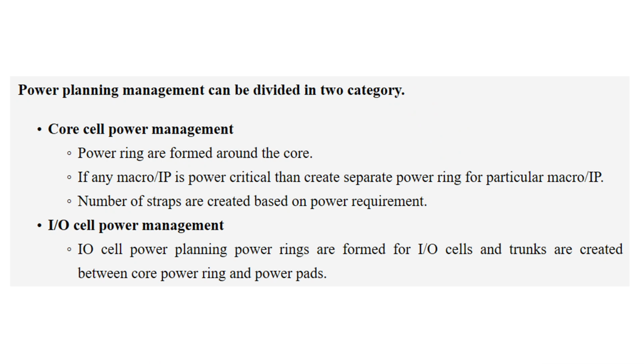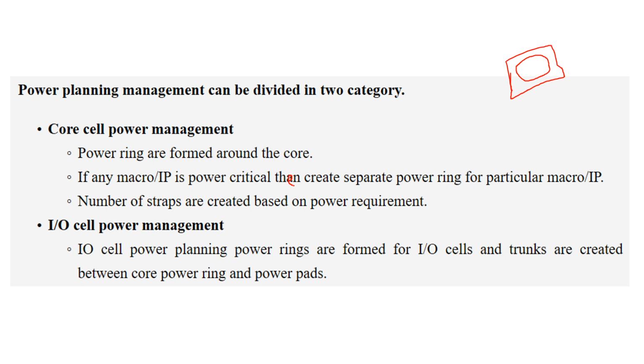This power planning management can be divided into two categories: one is core cell power management, another is input output cell power management. If you consider core cell power management, power rings are formed around your core. See, this is your IC, and let us say this is your core; it should be planned around your core. If any macro or IP is power critical, then create a separate power ring for that particular macro or IP.